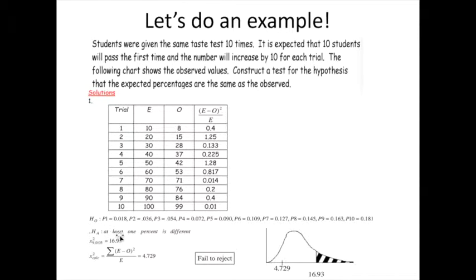And then we can find the chi-square count by adding up (E minus O) squared divided by E, which is 4.729. And then we can draw the conclusion, which is to fail to reject.